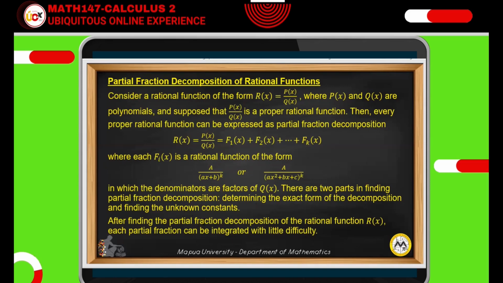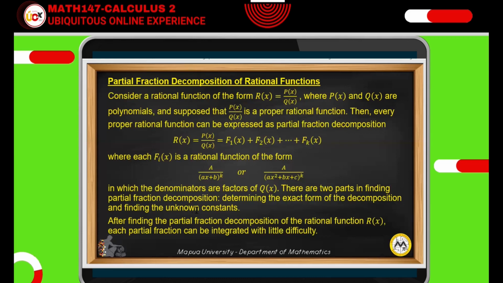After decomposing the integrand, which is a proper rational function, into sum of partial fractions, we can easily integrate the resulting partial fractions. It may lead to logarithm, or if it is repeated, it may be integrable by power formula of integration.